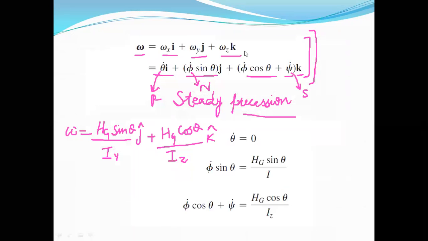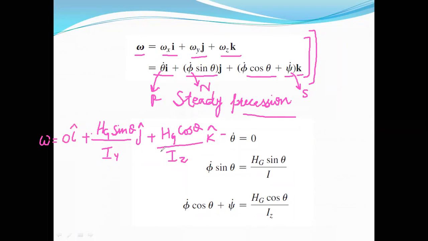There is no component along the x-axis, so I can write that component as 0. So omega is equal to 0 along i cap plus this. So we can write the angular velocity equation in terms of nutation, spin, and precession.